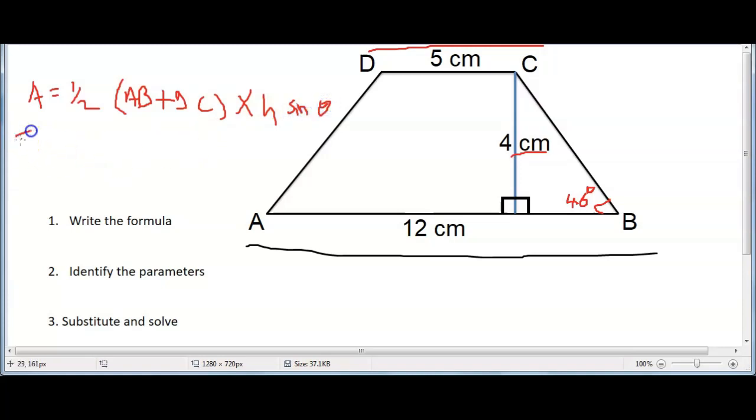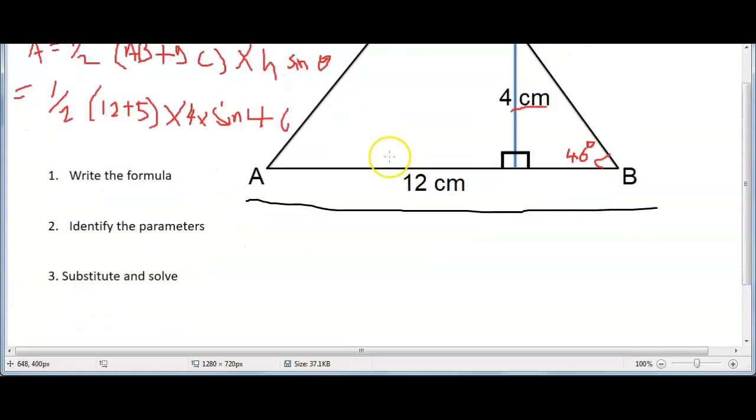It is going to be half times 12 plus 5, times the height, which is 4, times sine 46. 12 plus 5 is 17. According to BODMAS, solve the bracket first.